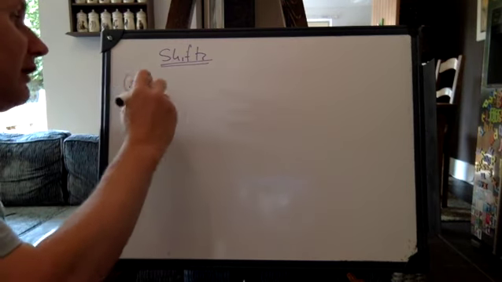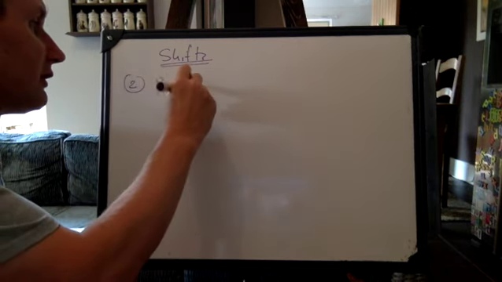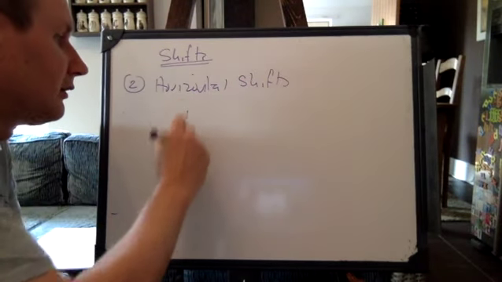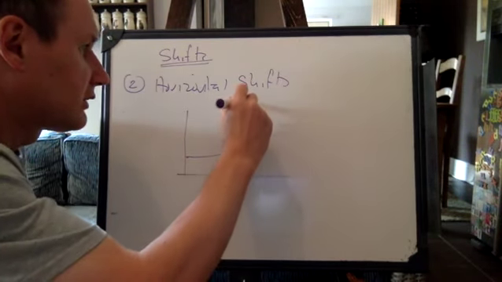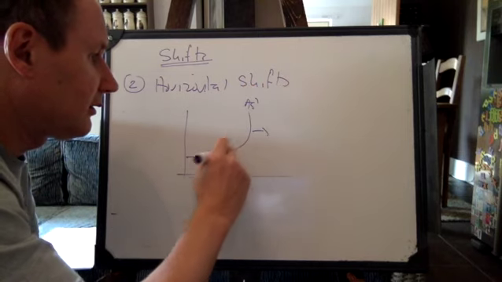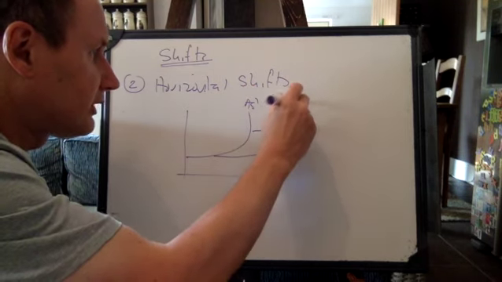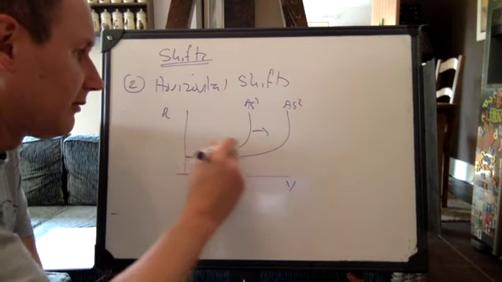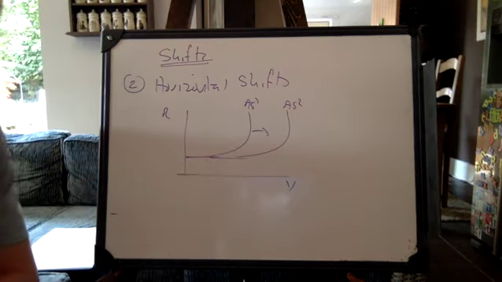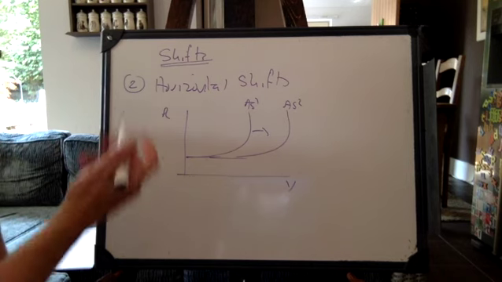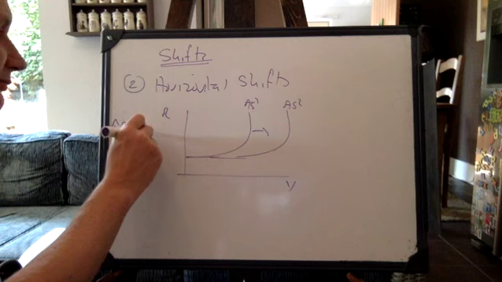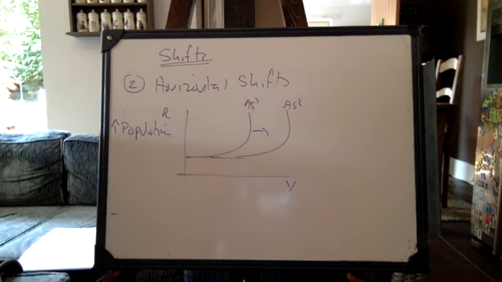Alternatively, obviously, we might have something that affects just capacity. So two is horizontal shifts. Something that allows the economy to produce more goods and services at a given price level than it did previously. That's something like an increase in population, an increase in migration, that type of stuff.